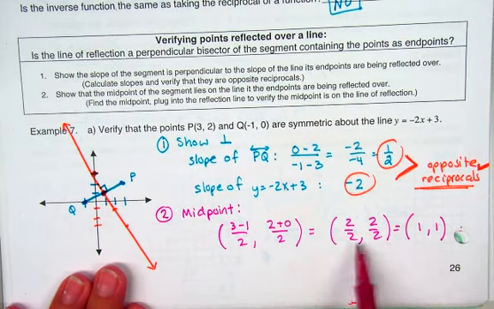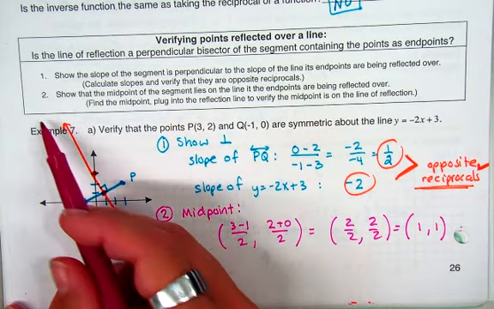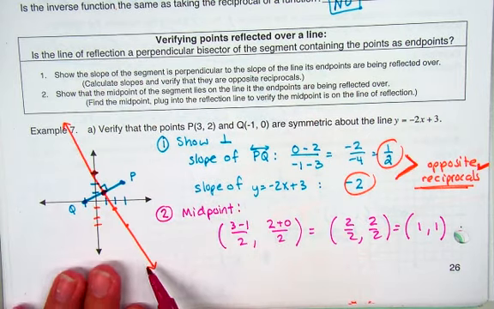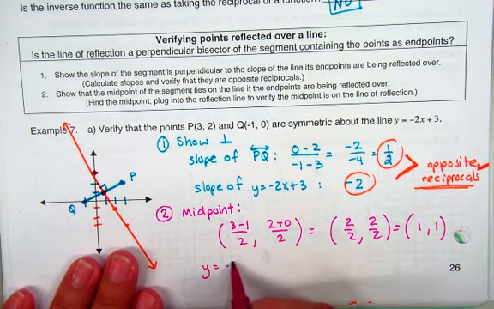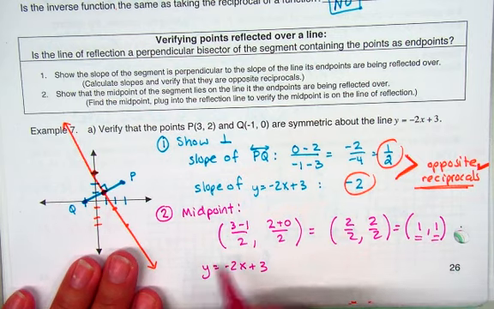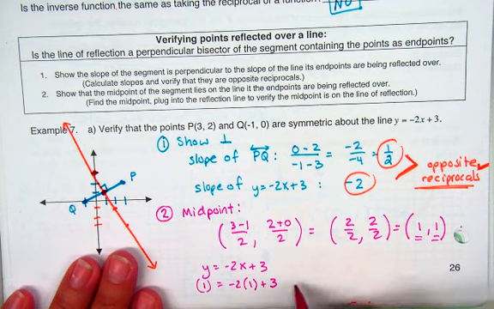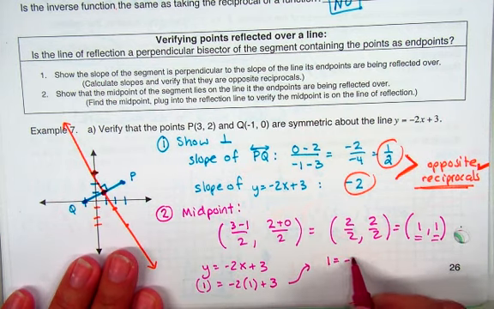And now I have to show that it works, that point 1, 1 does indeed lie on this line, y equals -2x plus 3. So when I take that line, I just plug in 1 and 1 for x and y. Right? Plugging it in for x and y, and just show that this does work out.